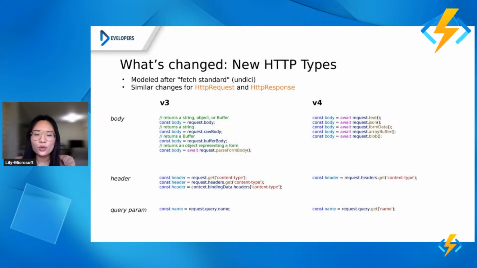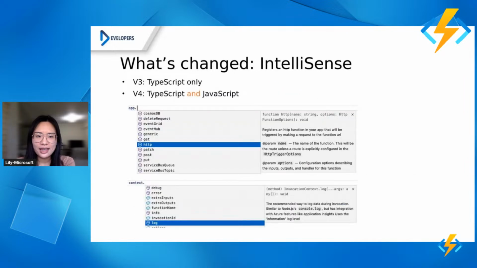Next, we've added new HTTP types that are modeled after the fetch standard in the v4 model. We're using a library called Undici, which will be part of the Node.js core soon. And we've made similar changes for both HTTP request and HTTP response. In this case, I'm just showing request here. And next up is IntelliSense, as I had mentioned earlier.